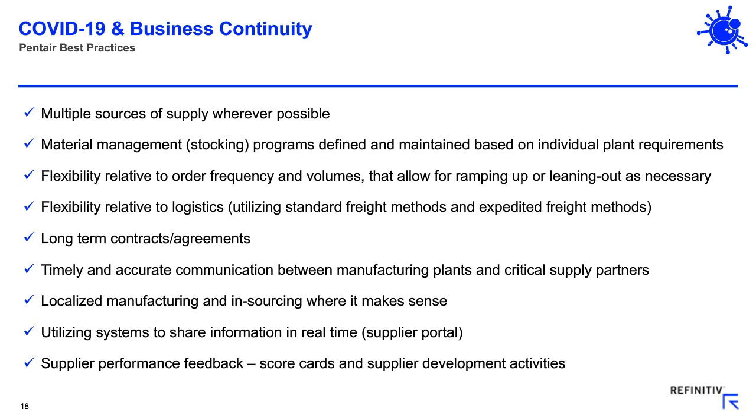But we want to make sure that we keep those vendors servicing what those particular plants need based on their requirements. We have to have flexibility in our ordering frequency and our volumes that allow us to ramp up or lean out depending on what a particular business is doing. We have to have flexibility relative to logistics.